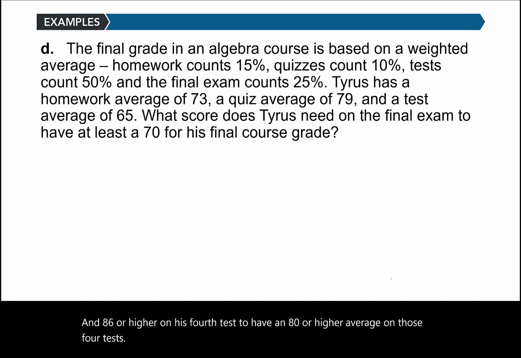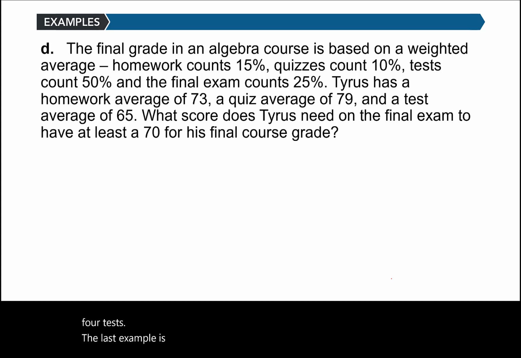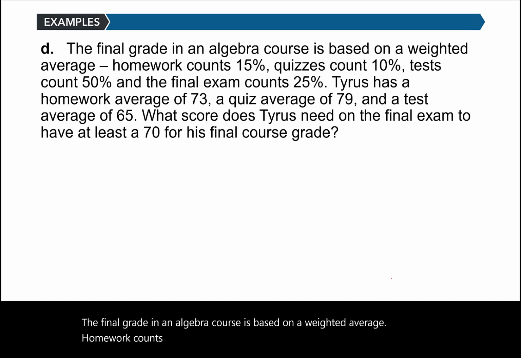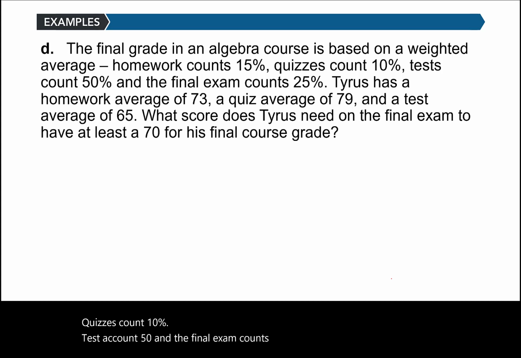The last example is dealing with a weighted average. The final grade in an algebra course is based on a weighted average. Homework counts 15%, quizzes count 10%, tests count 50%, and the final exam counts 25%.